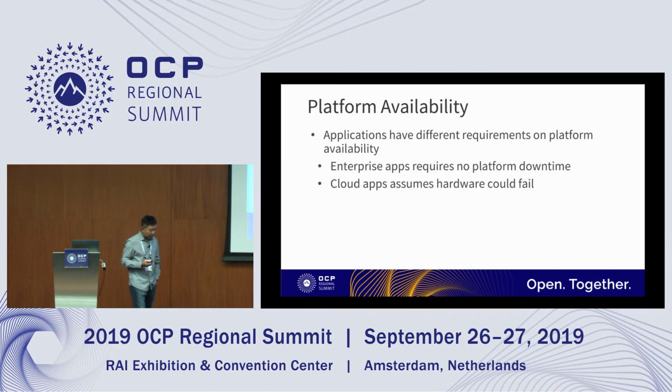Okay, another challenge we deal with in our production environment is platform availability, right? By this I mean, what are the application requirements on platform downtime? Basically, there are different kinds of applications.